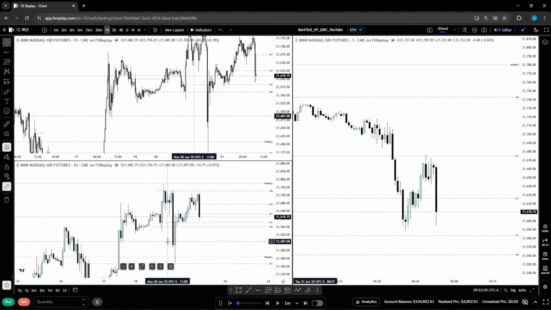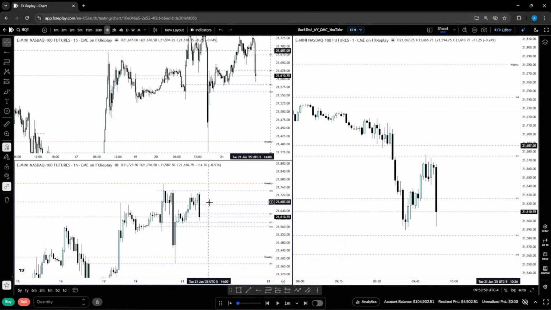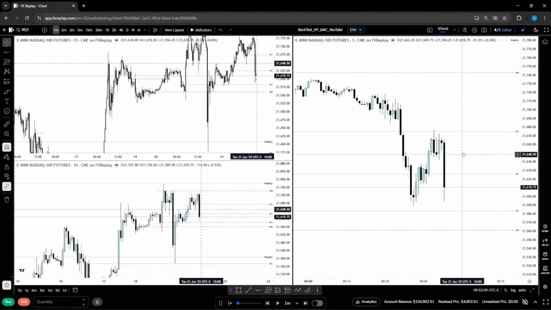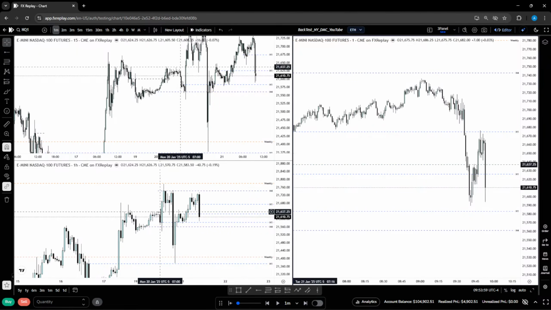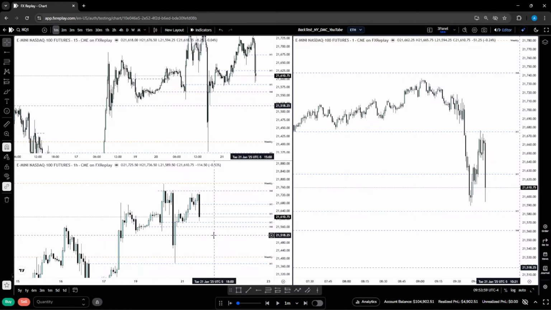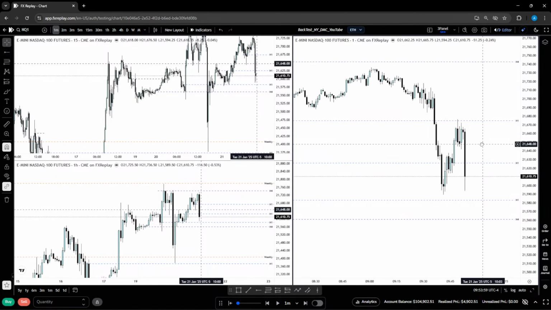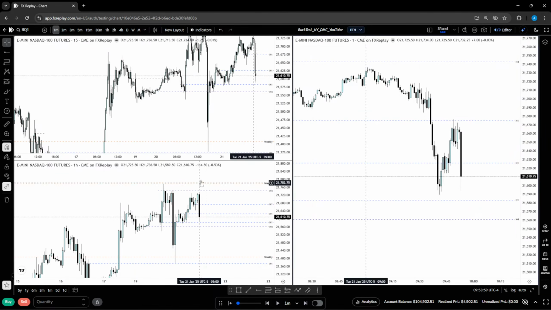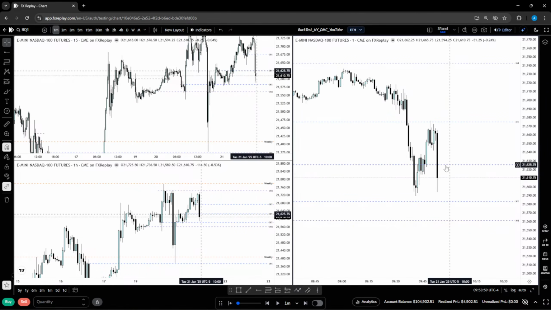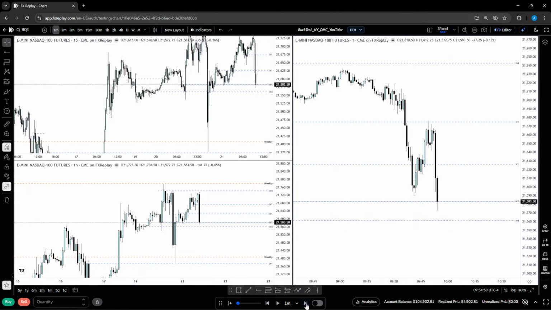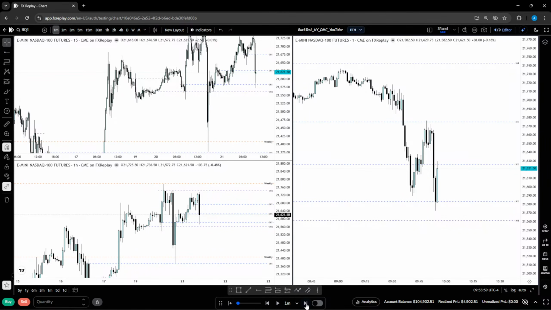Now we have made a lower low, and maybe a lower high. So now it makes sense to think also about going lower. This hourly is now broken. Now are we gonna come back above it, or are we gonna fall down?